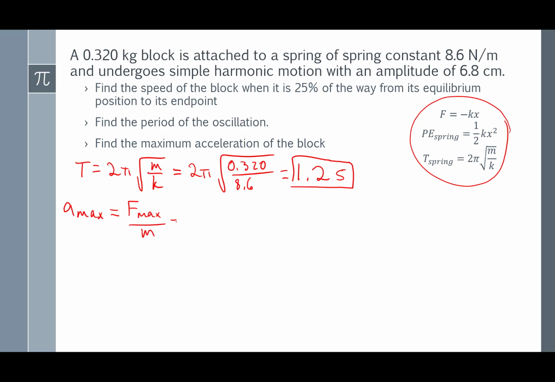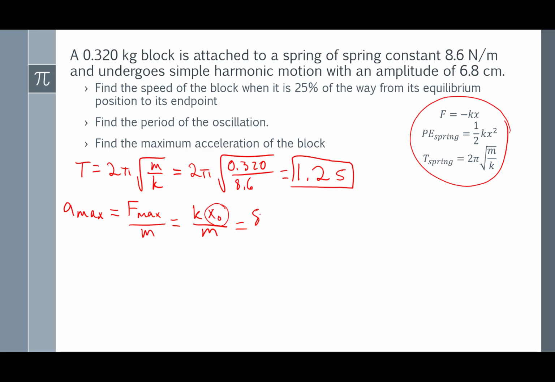And we know that we get a maximum force when we have the maximum displacement. So we can plug in our spring force equation there. The magnitude of the force is equal to the spring constant times your maximum displacement, which I'm going to call x naught, over the mass. Remember, x naught is our amplitude, our maximum displacement.